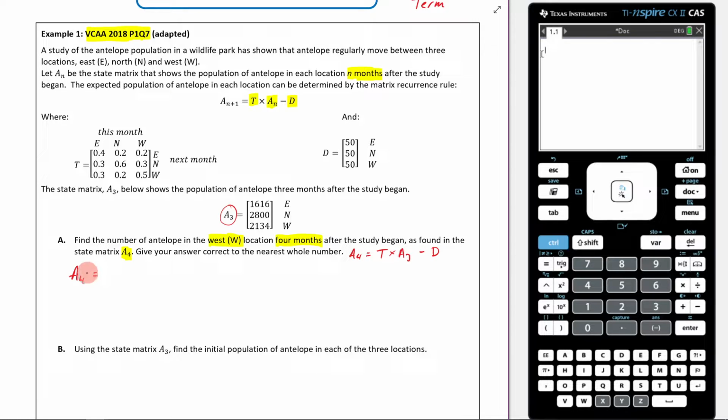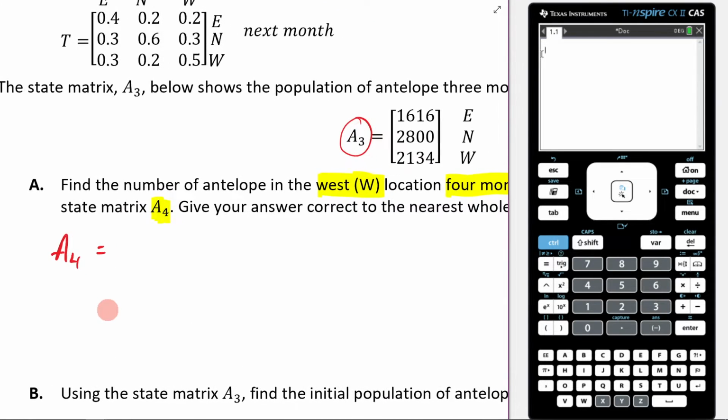So we're going to take A of 4, and we're going to multiply by our transition matrix, and this is where we might have to zoom in a little bit. It's 0.4, 0.3, 0.3. Then it's 0.2, 0.6, 0.2. Then it's 0.2, 0.3, 0.5.